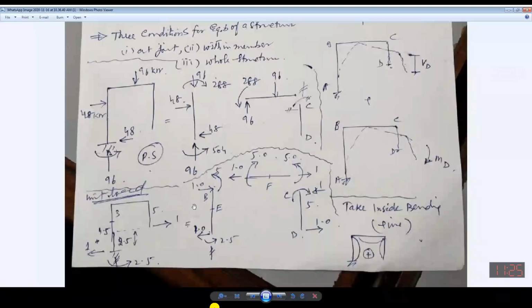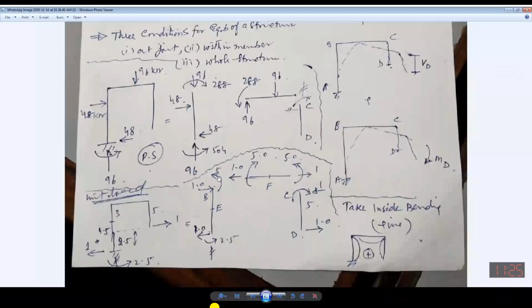This is 1. Sorry, this is not 2.5, this is 5, this is okay. So it will be acting in this direction. 1 into 7.5 minus 2.5, the resulting moment will be 5 in this direction.